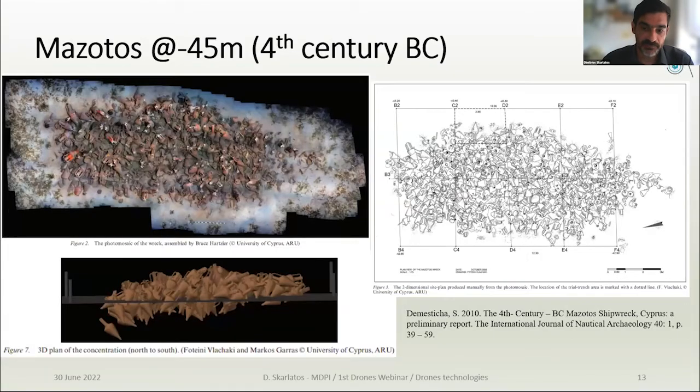The first one, and the one I was introduced to technical diving for, was the Mazotos shipwreck. It's a classic Hellenistic period shipwreck located 45 meters below sea level.